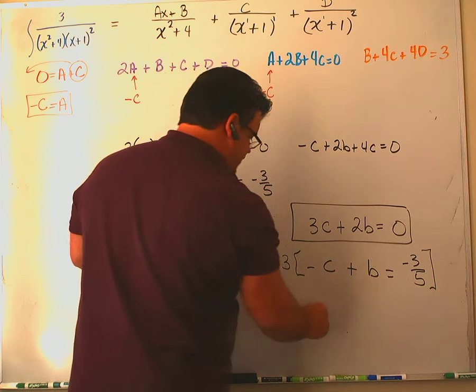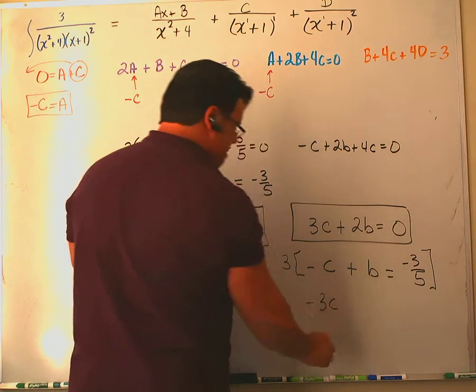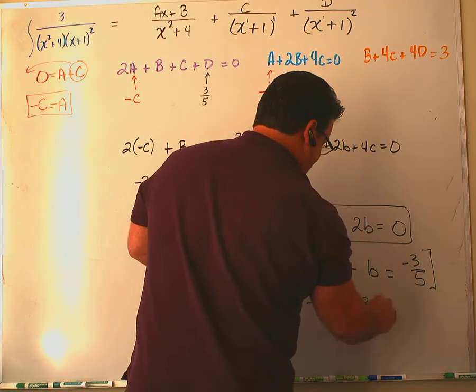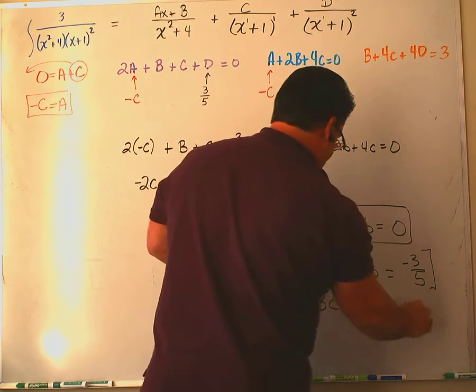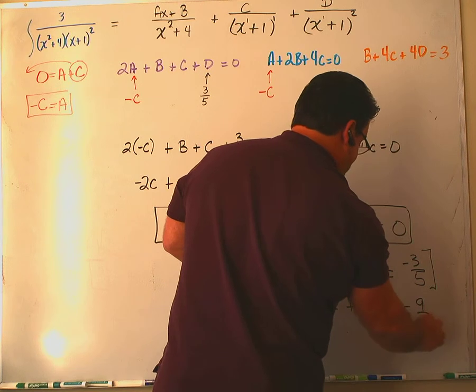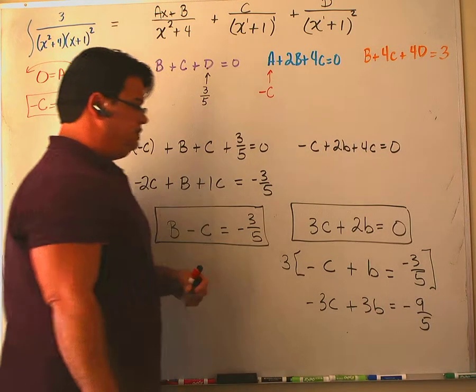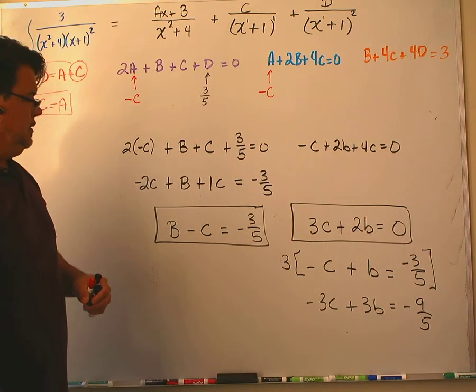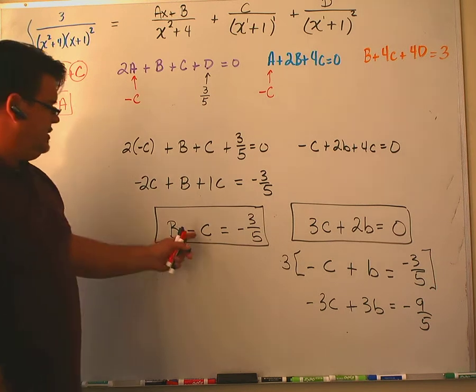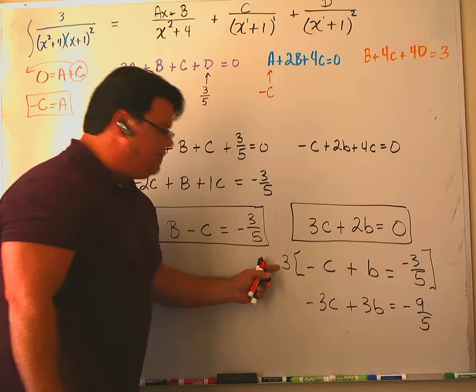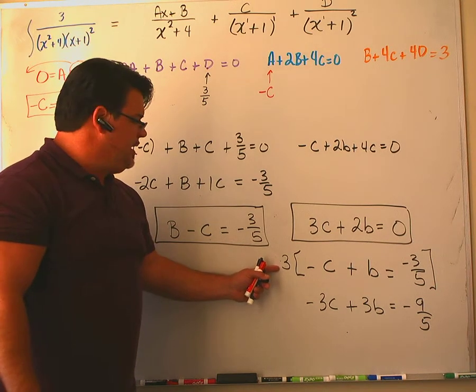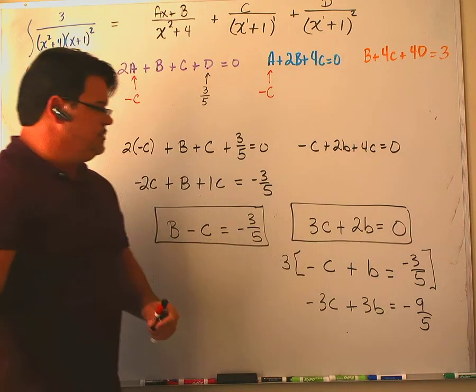That'll give me negative 3C plus 3B is equal to negative 9/5. I took this, negative C plus B, and multiplied by 3 so I could get rid of the C terms.